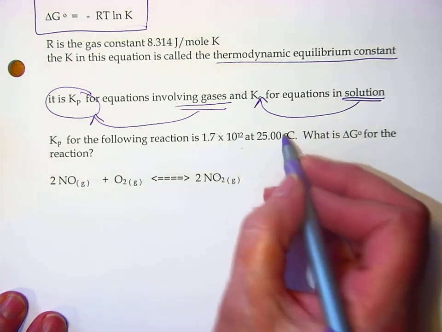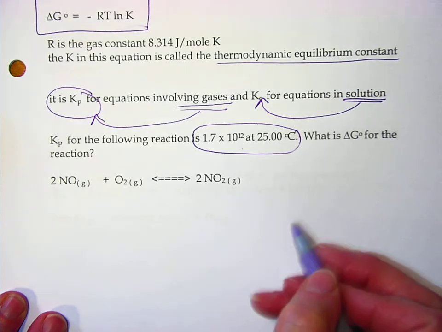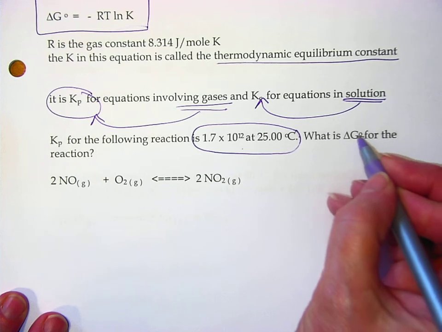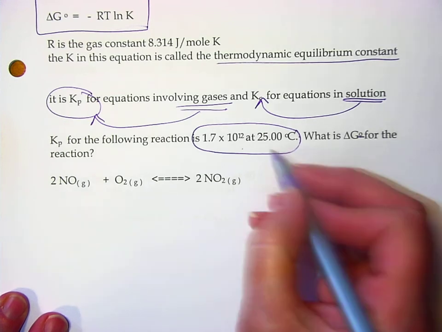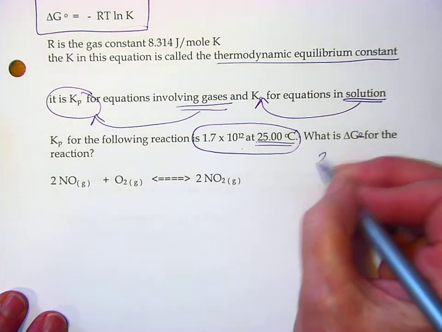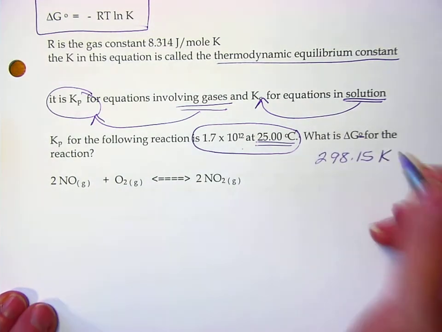So we are given information about the K value, and we're trying to find the delta G0. Since it's delta G0, we know that we are at standard thermodynamic conditions, so my temperature in Kelvin is 298.15 Kelvin.